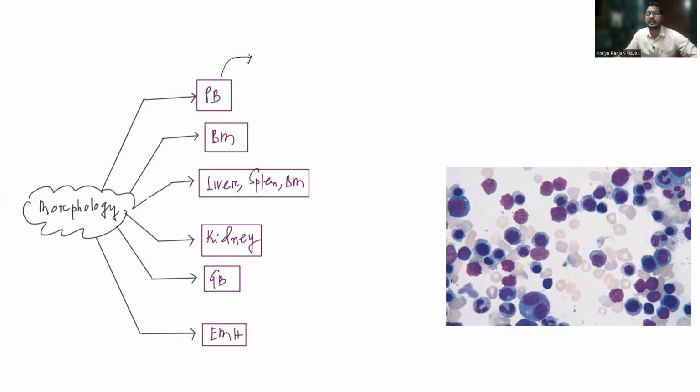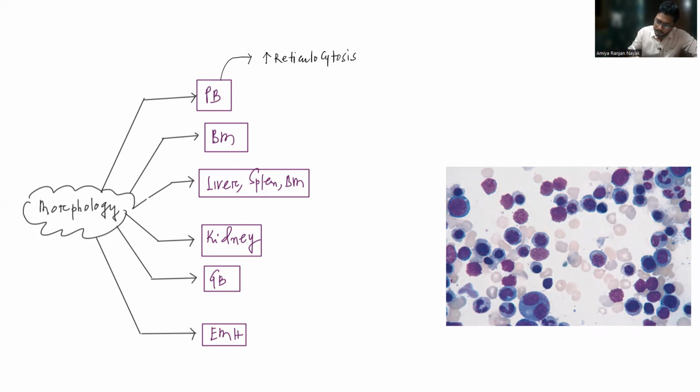Because of increased erythropoiesis, you are going to get reticulocytosis, increased reticulocytes in the peripheral blood. And as I have told you previously, reticulocytes can be identified by the presence of reticulum, which you can easily see on supravital stains like new methylene blue, brilliant cresyl blue, or maybe crystal violet.